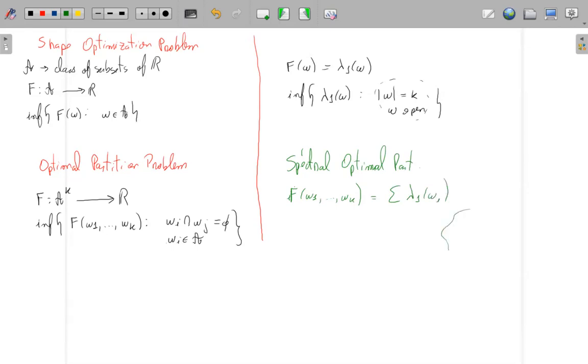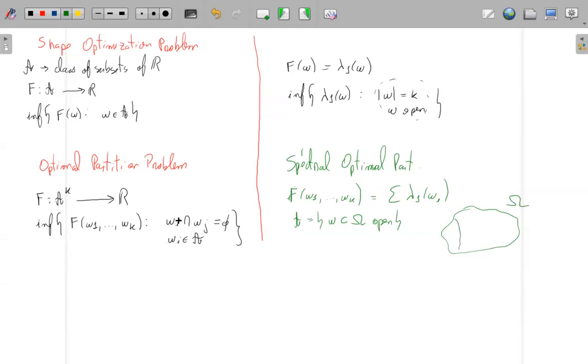So you have, for instance, okay, and let's take A as the subset of a certain fixed region, open. So imagine that you have a bounded set. Now you take a partition. Okay.